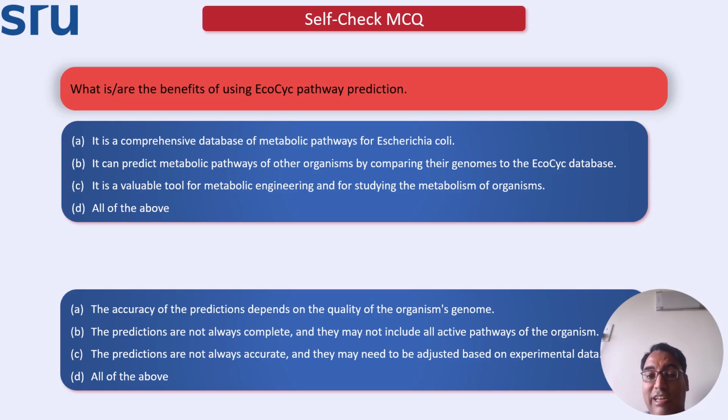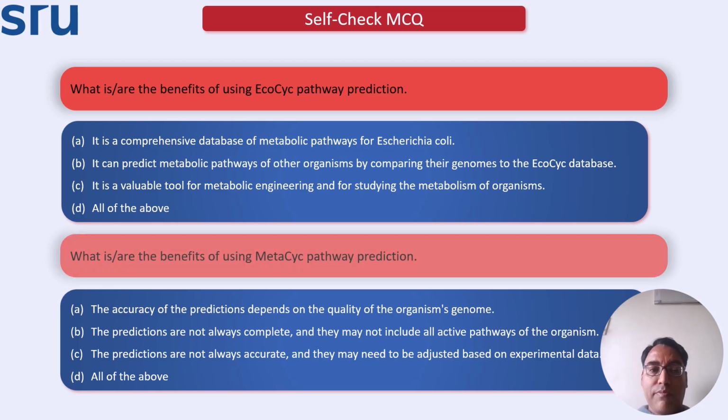Both the statements are correct, because we are checking the other genes of other species to see how similar they are to the E. coli genes, and get some meaningful information to connect the missing links. It's a valuable tool for metabolic engineering and for studying the metabolism of organisms. This is also correct. The answer lies in all of the above.